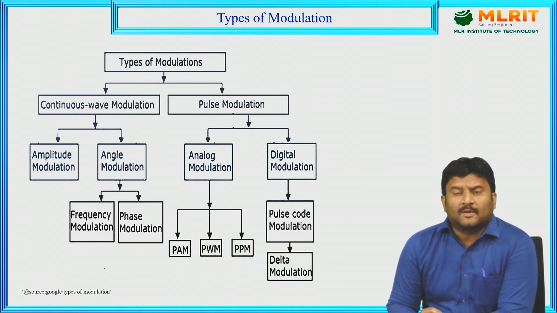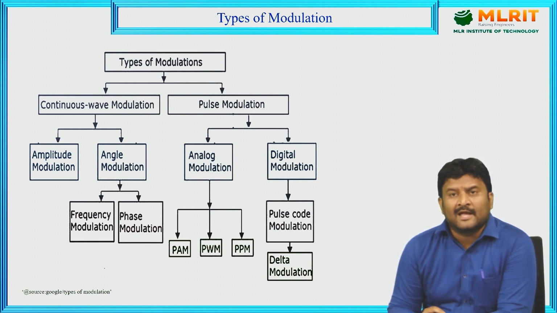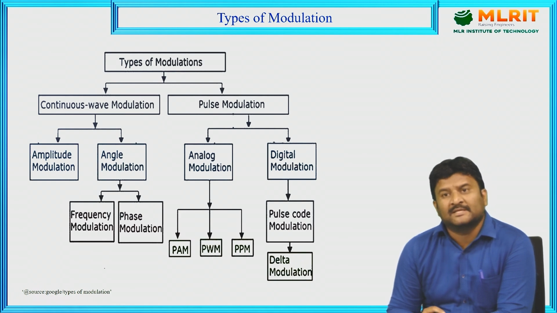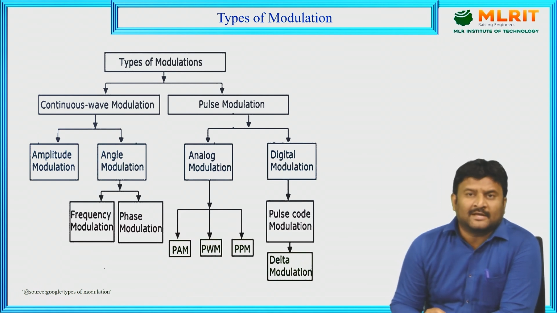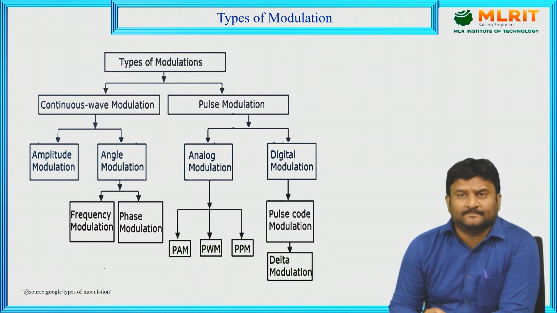So, modulation is defined as the process in which the high frequency carrier signal is varied according to instantaneous values of the message signal, that is called the modulation process. Now the representation of the message signal and carrier signal in graphical form.